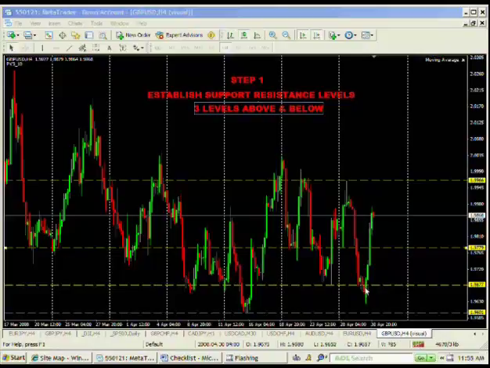So that's why these established support and resistance levels are oh so important, because these are the only places that you want to make your buying and selling decisions.